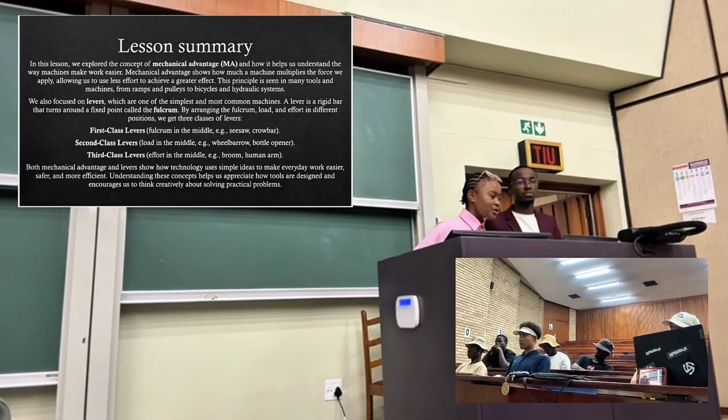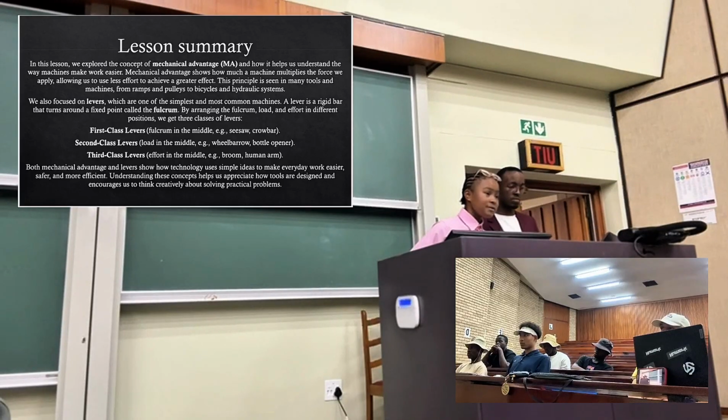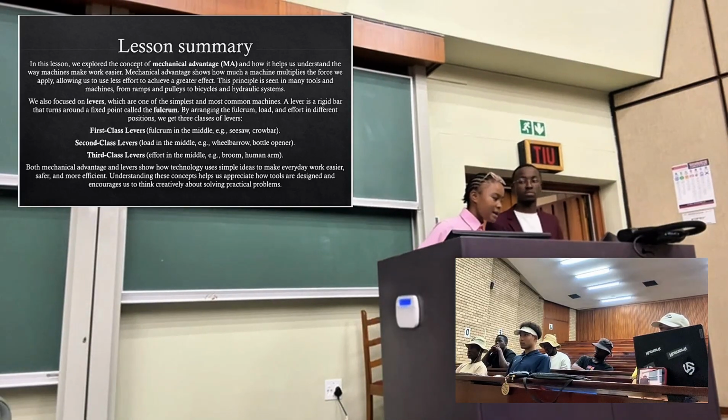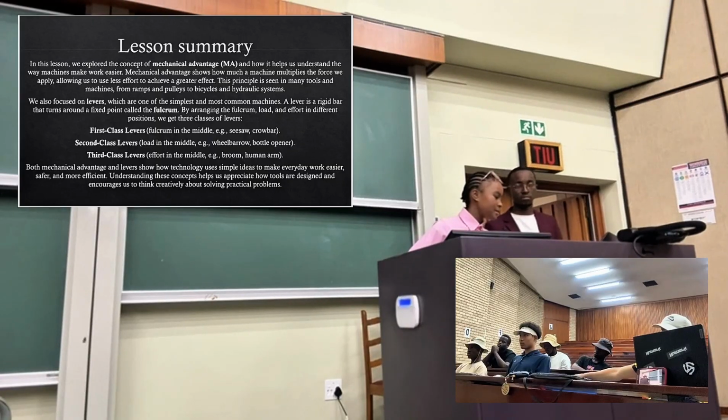Mechanical advantage shows how much a machine multiplies the force we apply, allowing us to use less effort to achieve a greater effect. This principle is seen in many tools and machines, from ramps and pulleys to bicycles and hydraulic systems.